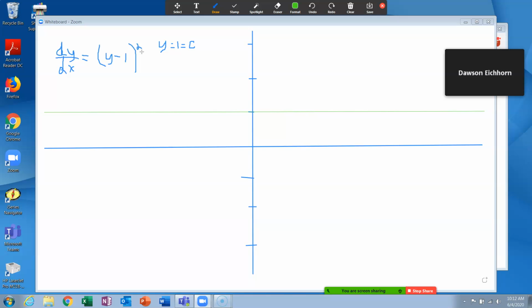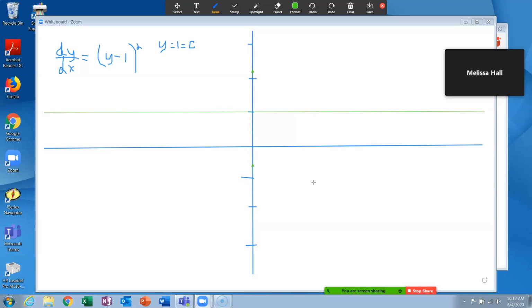Always positive, because (y minus 1) squared can't be negative, can it? So, slope up here is going to be positive. How about the slope down here? Anywhere below y is equal to 1. Positive. Positive again. You got it. So here is your phase portrait, okay?